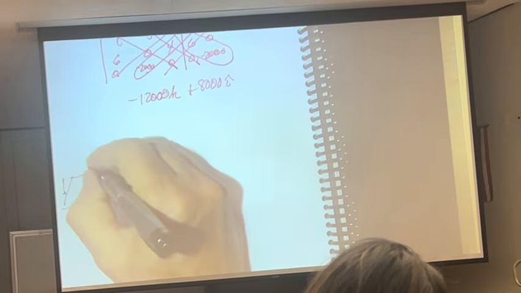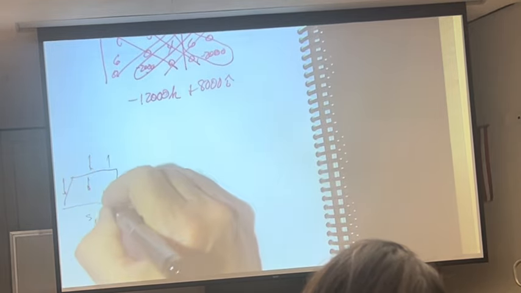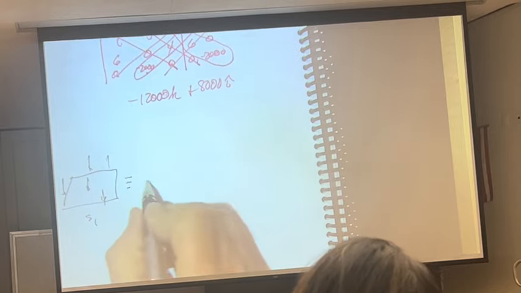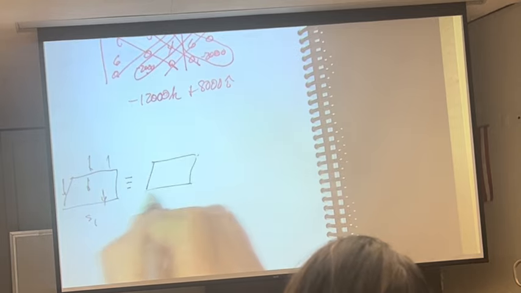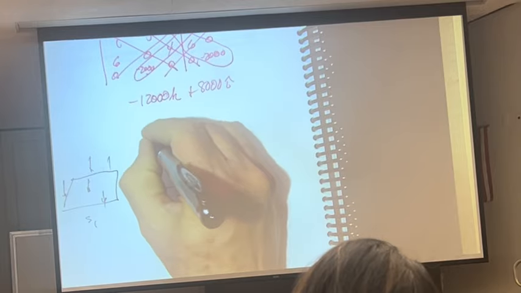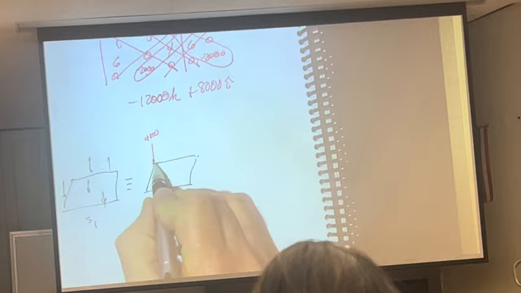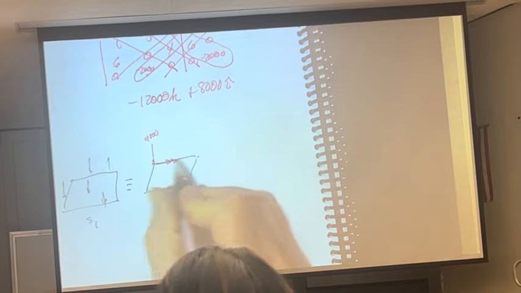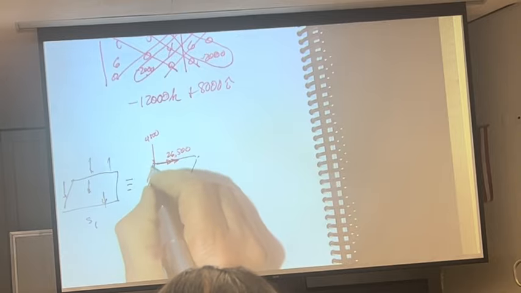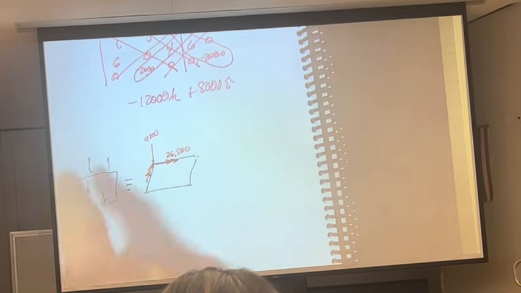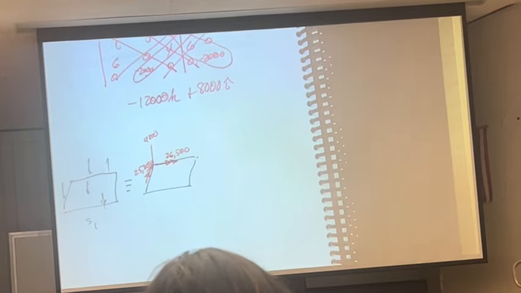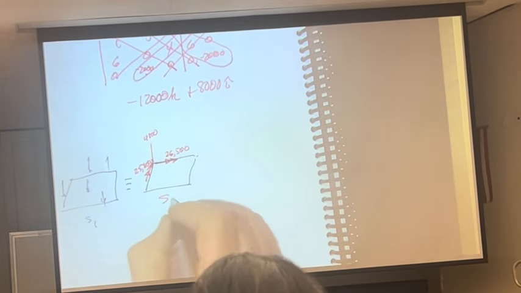I've got forces here, forces there, etc. I've got 5 of them. This is equivalent to a single force 4800 with a moment along the X, which was 26,500, and a moment along the K direction, which was 25,800. That is system 2.